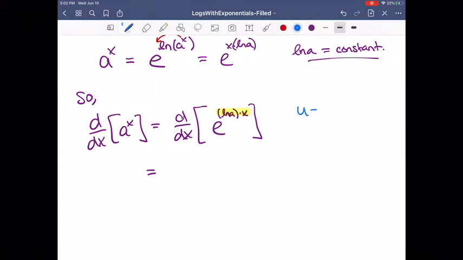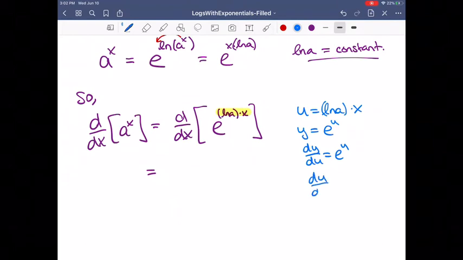So u would be ln a times x, and then my y would be e to the u. So then dy by du is e to the u, and du by dx is just ln a, because I have a number times x. If it was 2x, the derivative's 2. If it's 3x, the derivative's 3. Ln a is just a number.